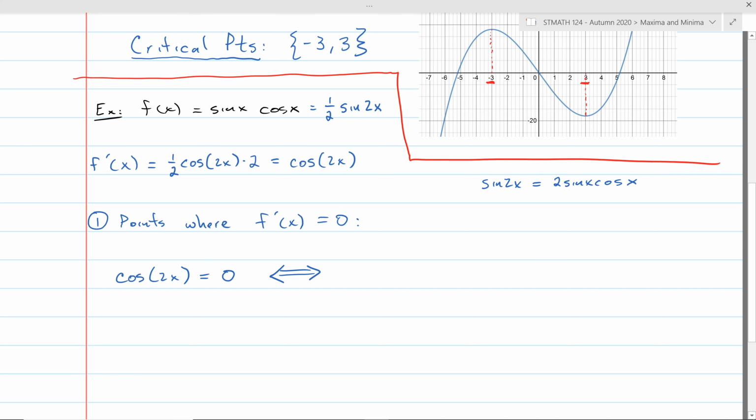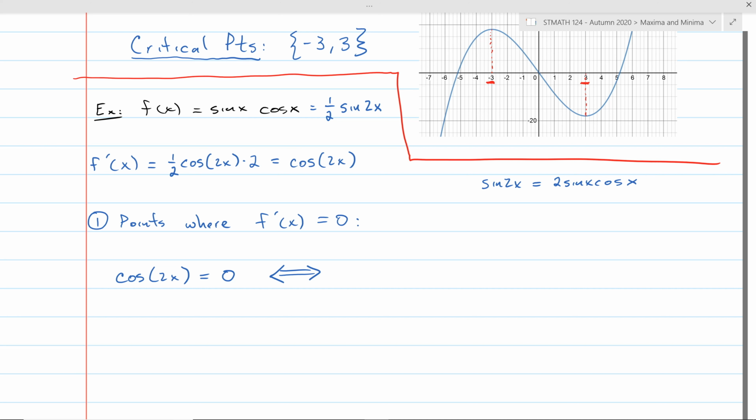Okay, so I have to use my knowledge of trigonometry here. I don't really have so much of an algebraic procedure that I can do to just isolate x and solve for it. I just kind of have to think in terms of what input values make cosine equal to 0.